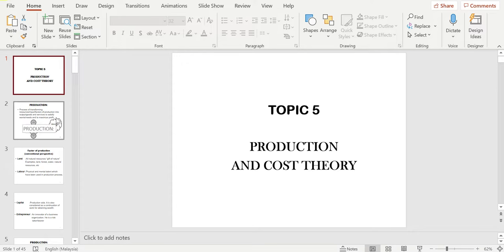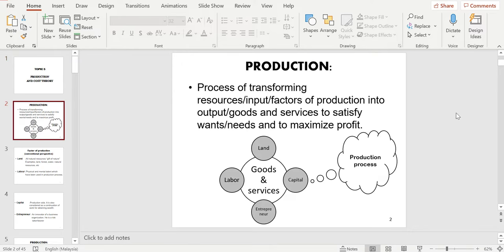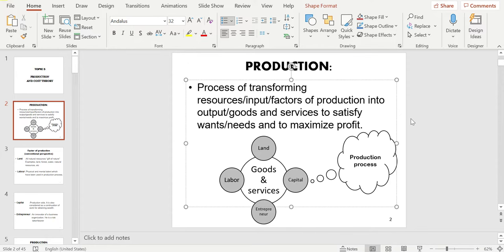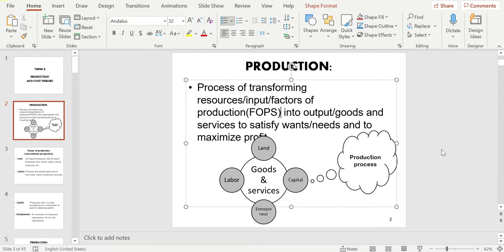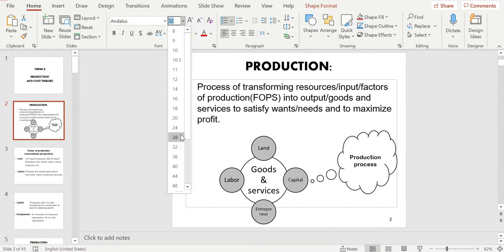Alright, so first of all, let's go with the definition. Production means a process of transforming resources, or the other name for resources is input, or we also call them factors of production, and the short form for factors of production is FOPs, into output or goods and services to satisfy the needs of humans, and also at the same time to gain profit.